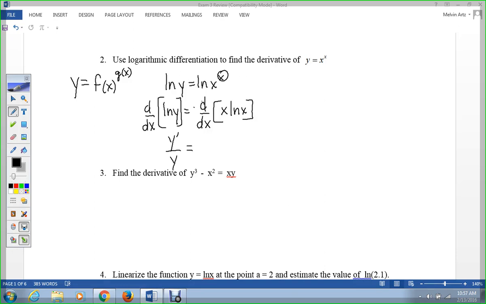Now here we're going to have to apply the product rule. So we would have the first times the derivative of the second plus the second times the derivative of the first.